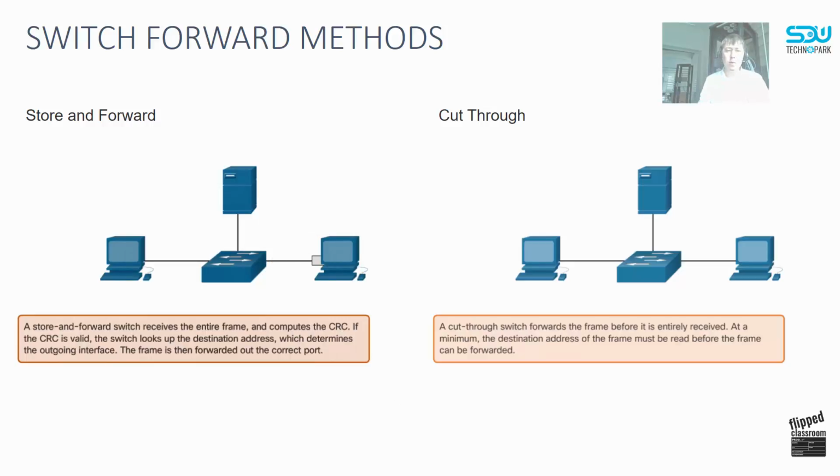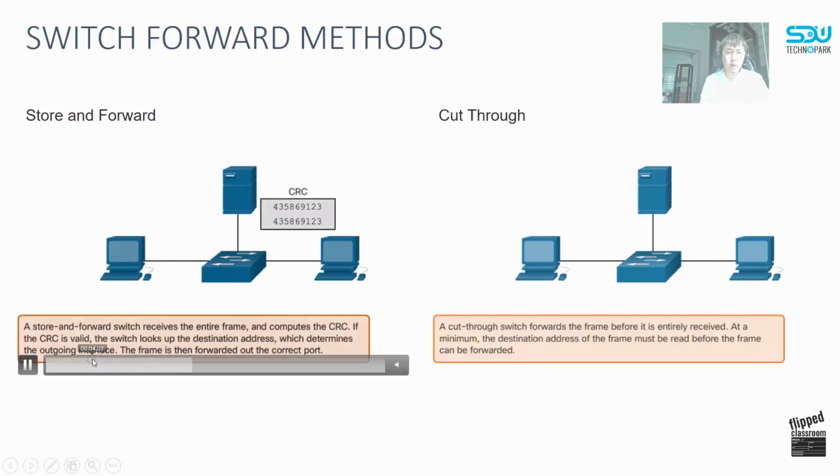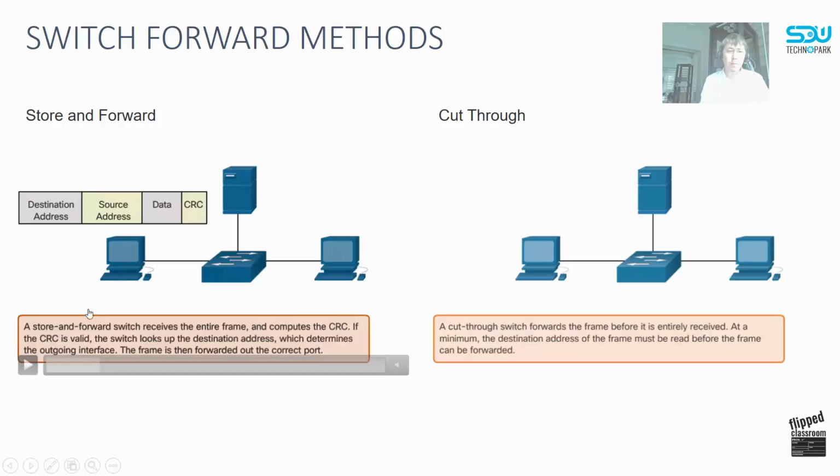So if we take a look one more time at this communication, we have the source and destination MAC addresses, we have data, which is actually the packet inside it, and we have the CRC value in the trailer part. The field in which the CRC value is stored is called the frame check sequence, FCS, and the CRC is the content of this FCS value.